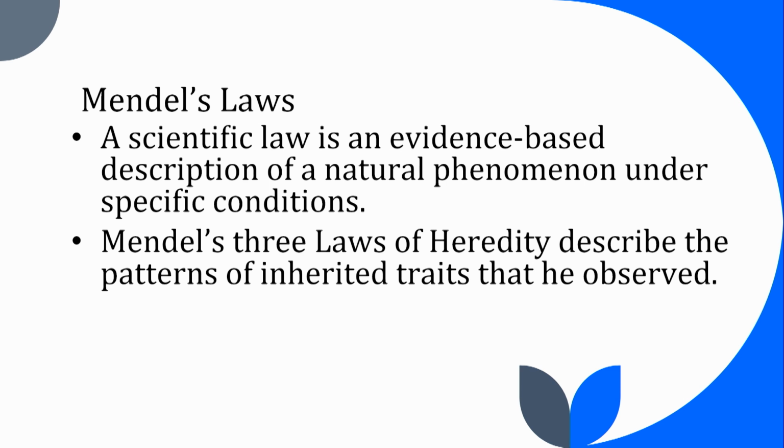So remember from last unit, he's studying these pea plants and he's looking at these 7 to 9 traits in these different pea plants, and he's tracking the inheritance of those traits, okay? And then he came up with these 3 laws that try to describe what he found, okay? And we're gonna talk about those 3 laws today.